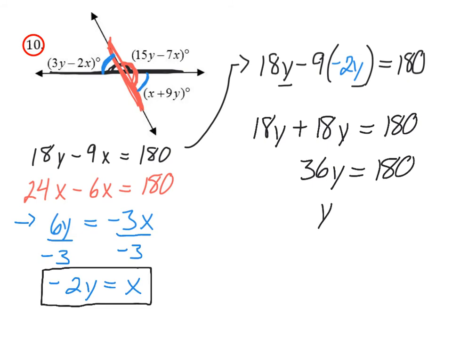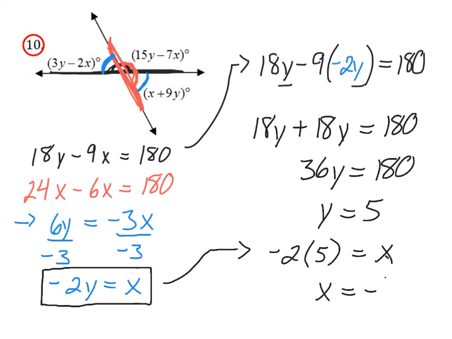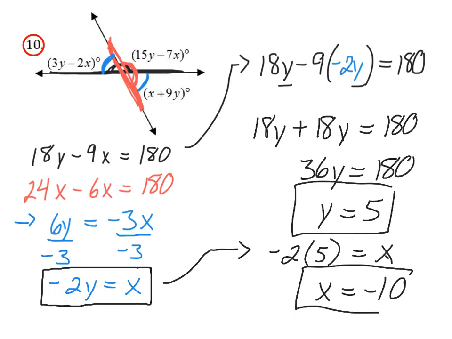In this case, it looks like y equals 5. Now I can use this equation and replace my y, so negative 2 times 5 is going to equal x, which shows me that x equals negative 10. There are my two solutions.